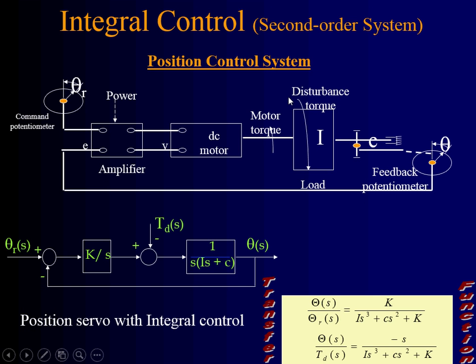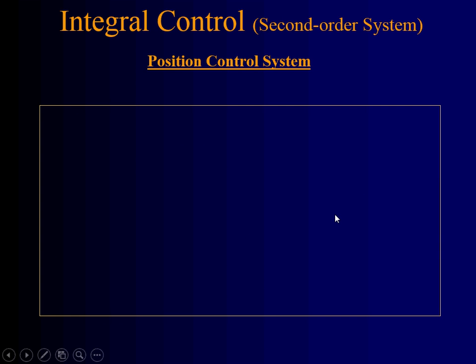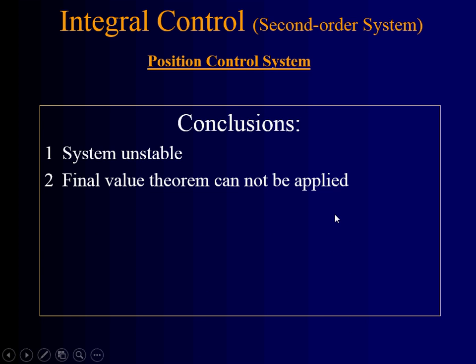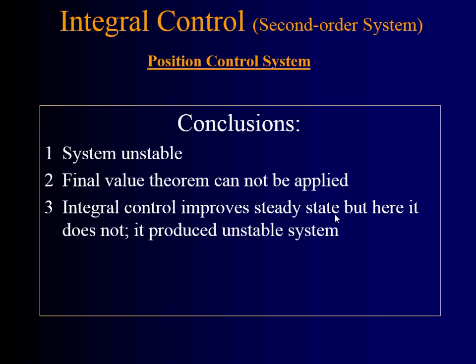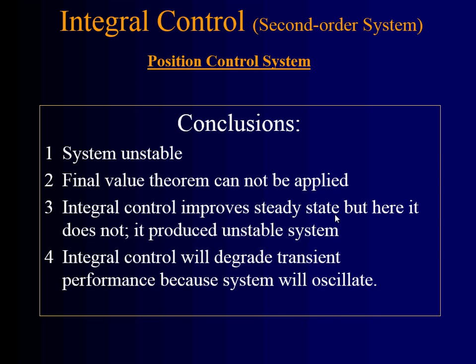And then this is the loop. As you can see, the plant, and then you have the integral control over here. What are the characteristics of this controller? One, the system tends to oscillate a lot and could become unstable.